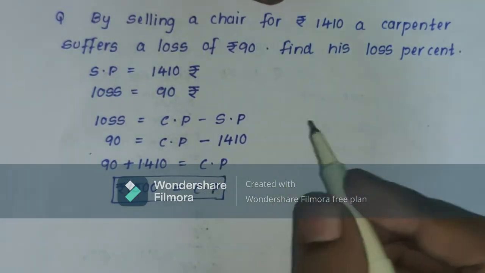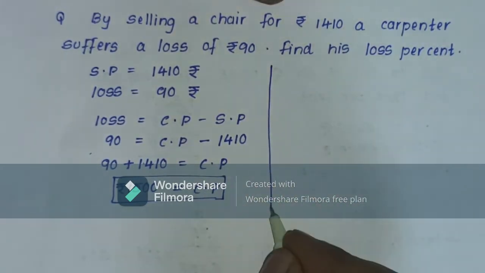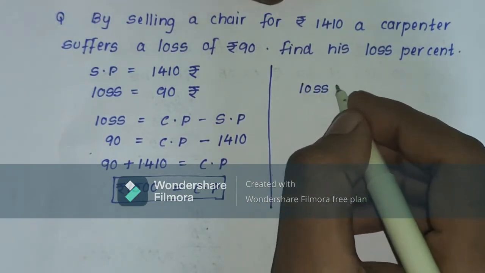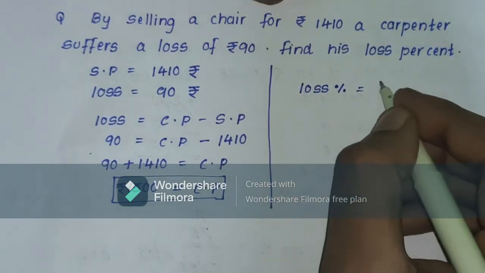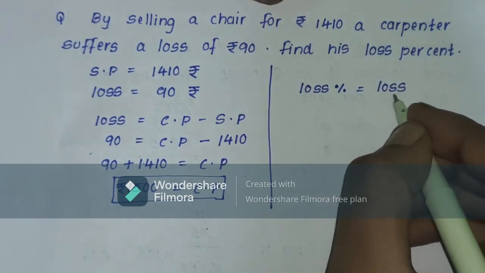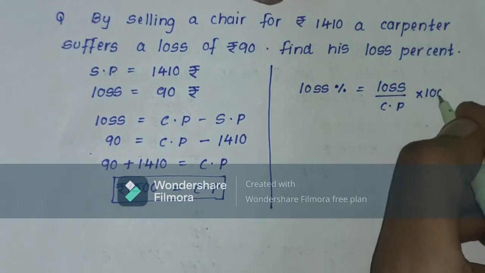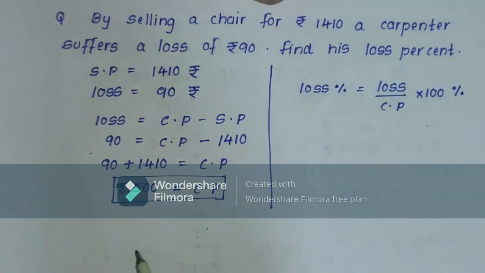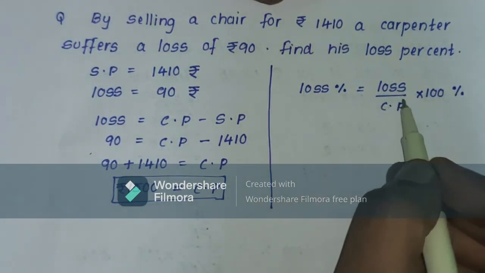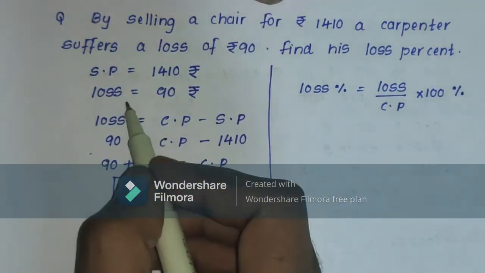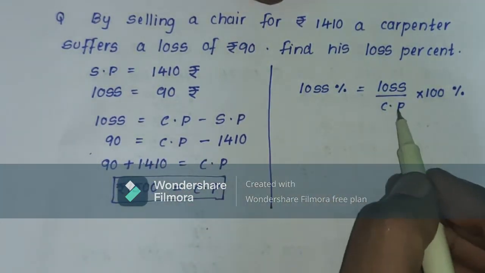You know very well, student, if we want to find out the loss percent, we require a formula, that is loss percent is equal to loss upon CP into 100, and your answer will be in percent. That is the reason I found out the CP, because the loss value has already been given, but I don't have a CP.